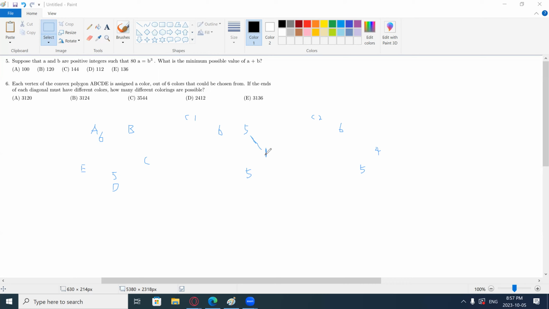So you cannot choose 2 of the colors, so you only have 4 options left. And this will be the total amount of colors you can choose from. And we can look at case 2.